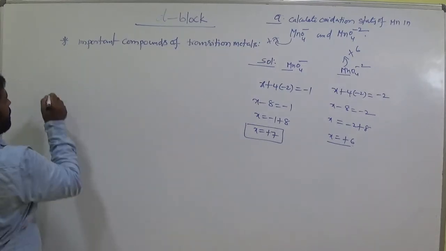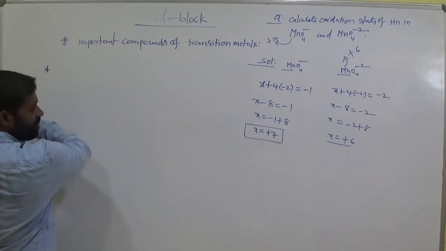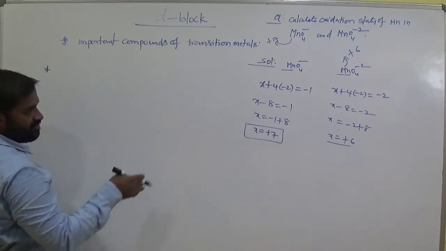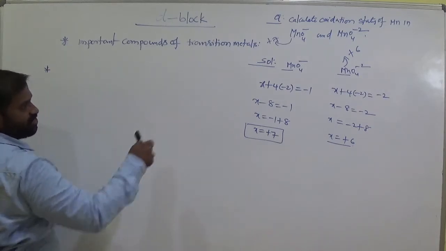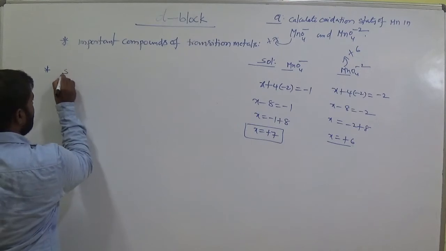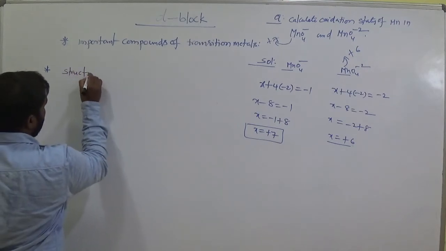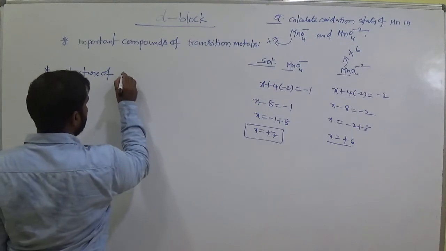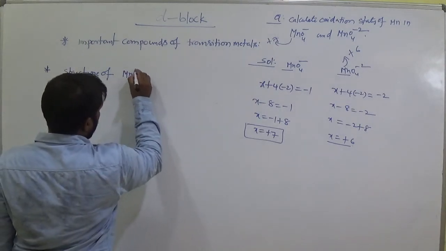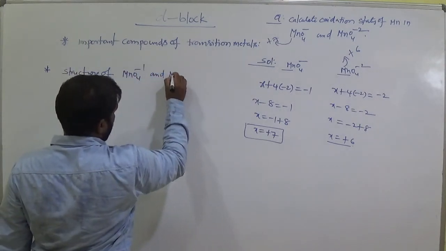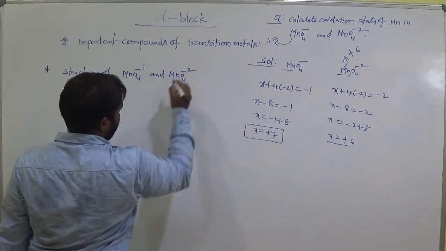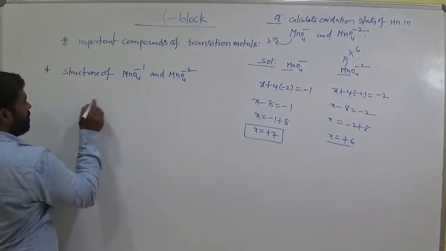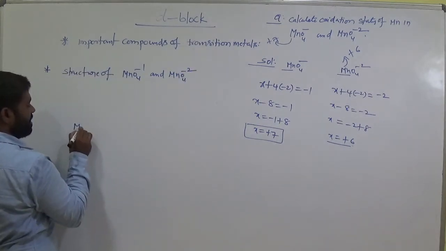Let's see the preparation of KMnO4, and before going to discuss this, we have to learn about these two structures: the structure of MnO4- and MnO4 2-. For MnO4-, what is the central atom?